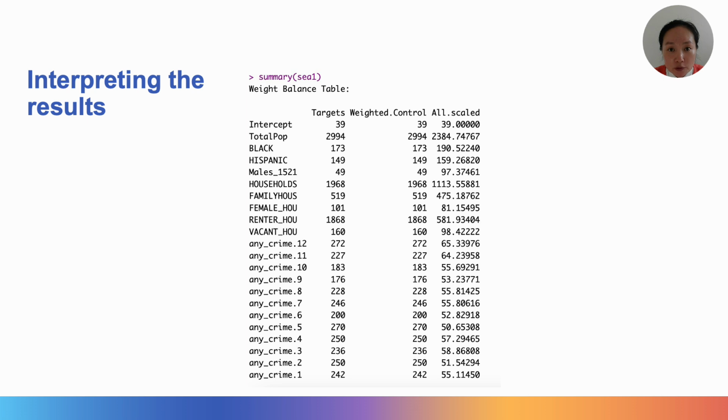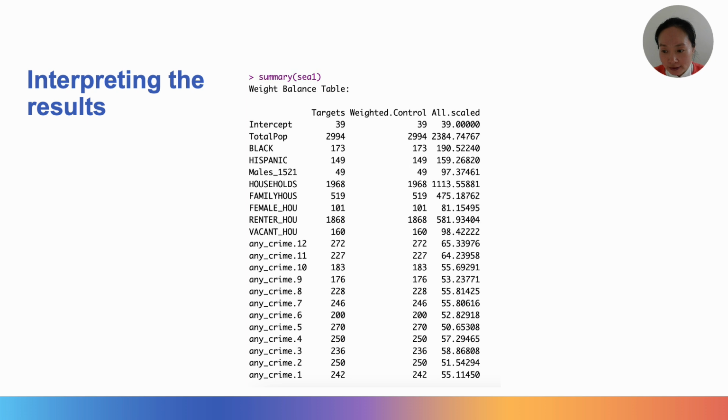We asked the model to match 9 plus 12, which means 21 rows of statistics for us. Then there's one additional component. It's called intercept. So in total, we are expecting to have 22 rows and 3 columns.